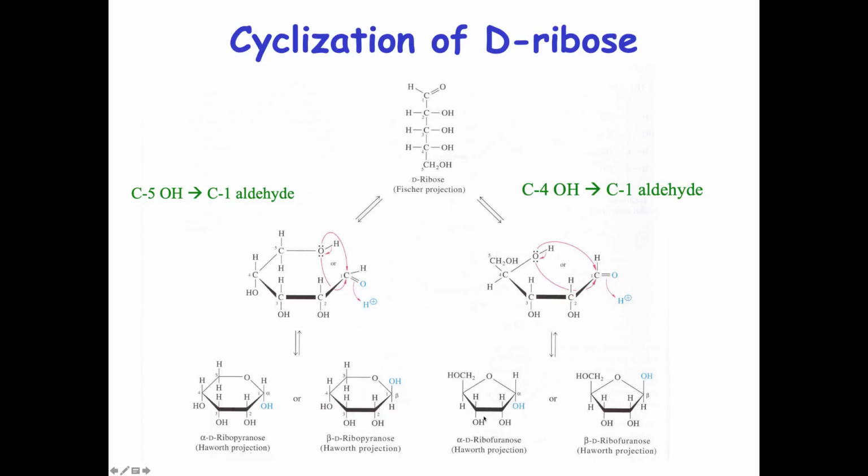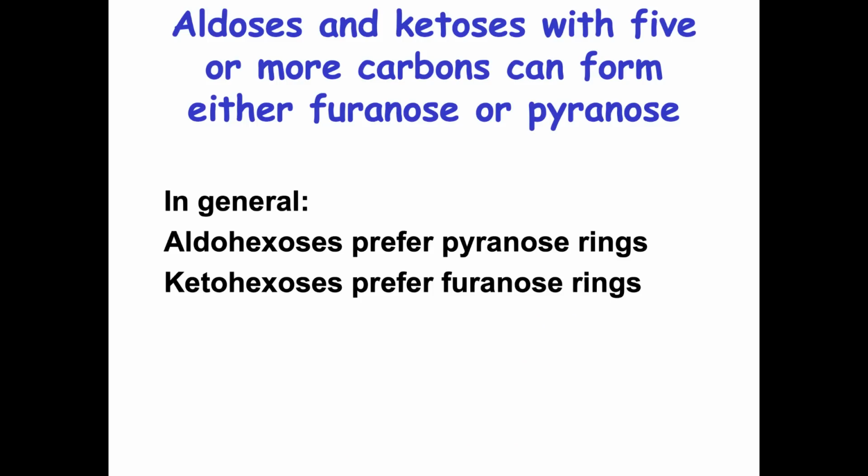However, when we look at the structure of RNA and DNA, the ribose is found exclusively as a furanose. So in general, aldoses and ketoses that have 5 or more carbons form either a furanose or a pyranose. Aldohexoses, because of their structure, tend to prefer pyranose rings, whereas ketohexoses prefer furanose rings.